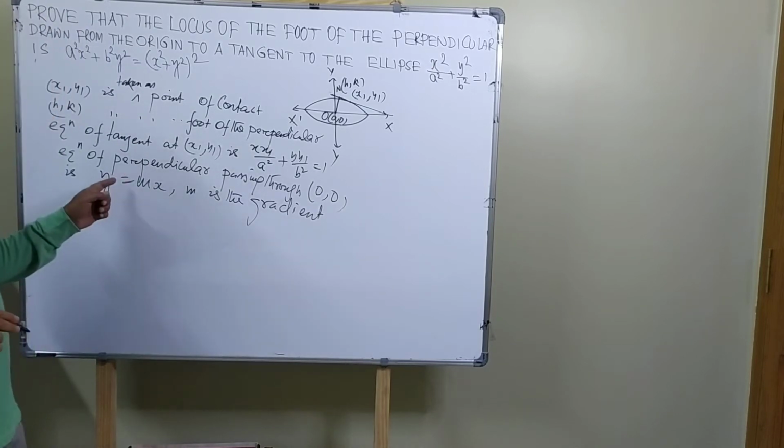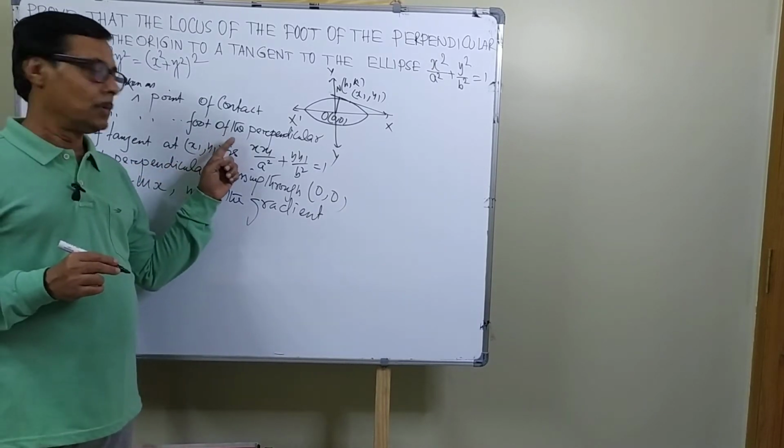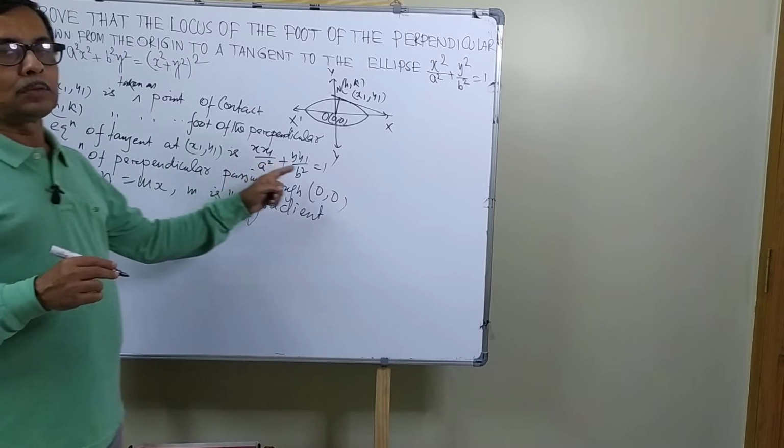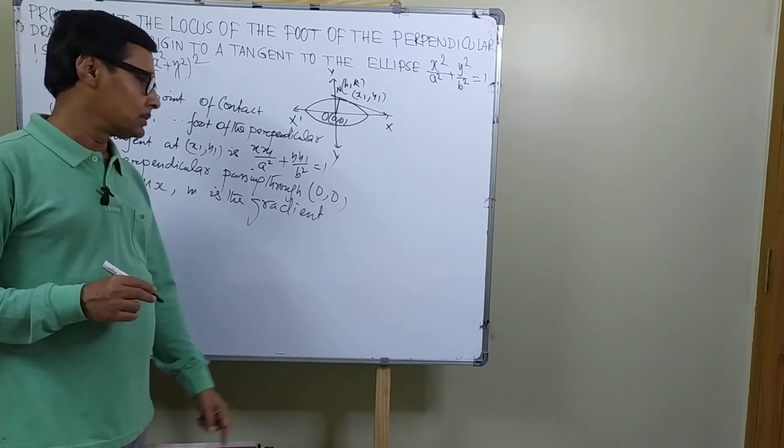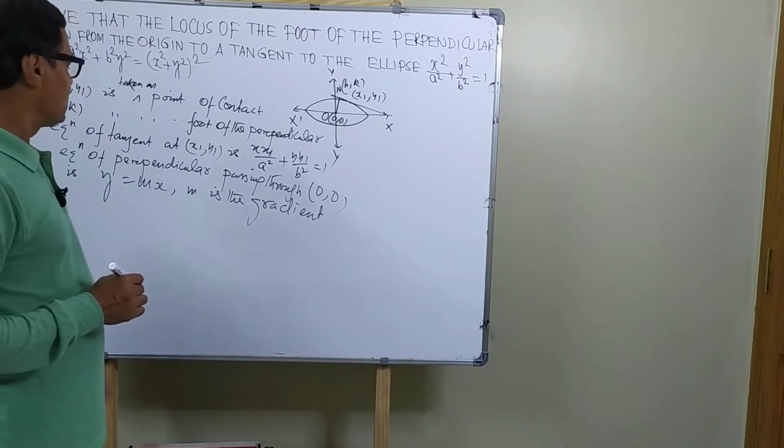This is the equation of perpendicular passing through origin.